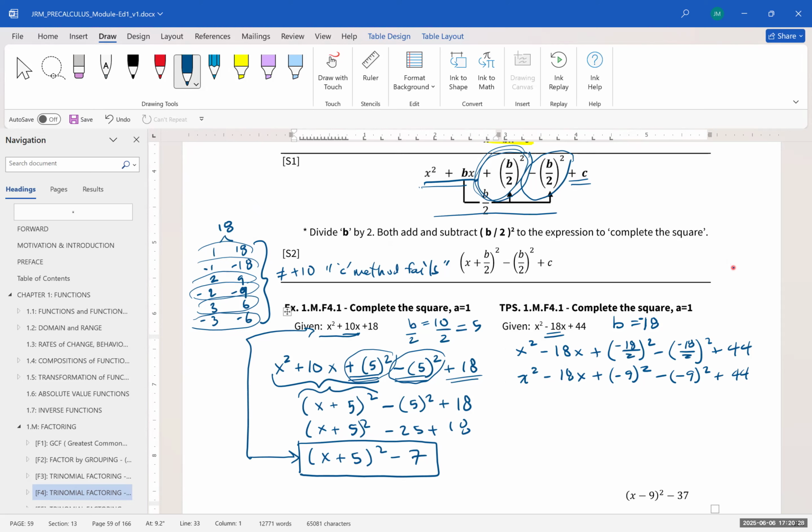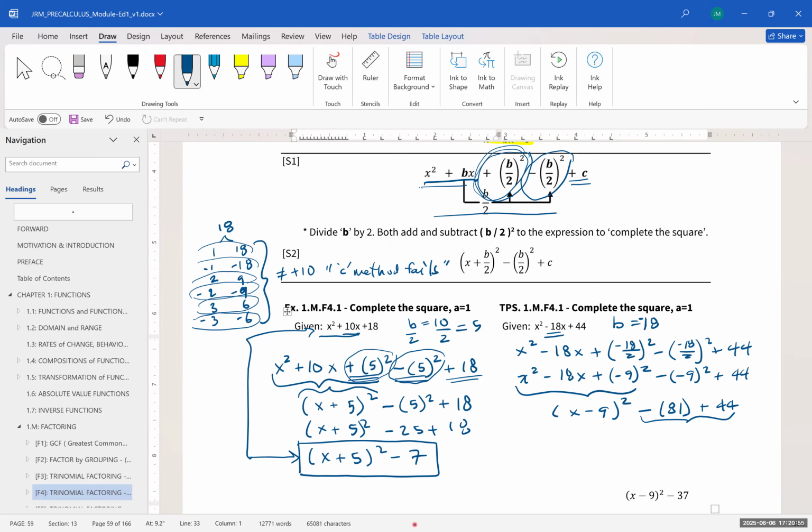So this trinomial is going to be x minus 9 squared, and then we've got minus, so negative 9 squared is going to be positive 81, and so we've got a negative 81 plus a positive 44.